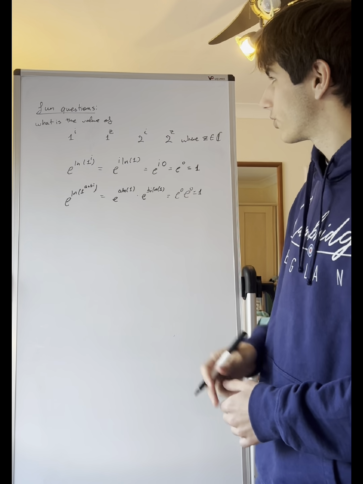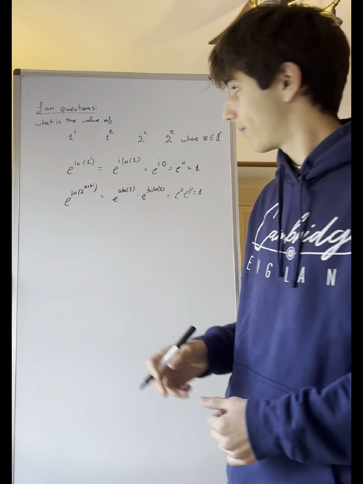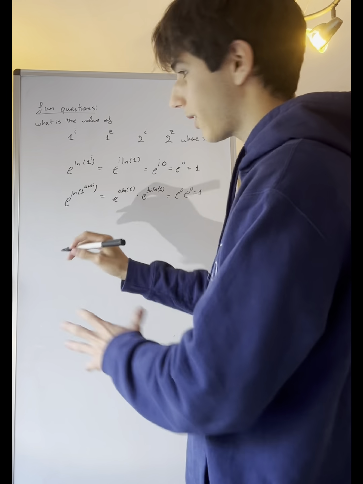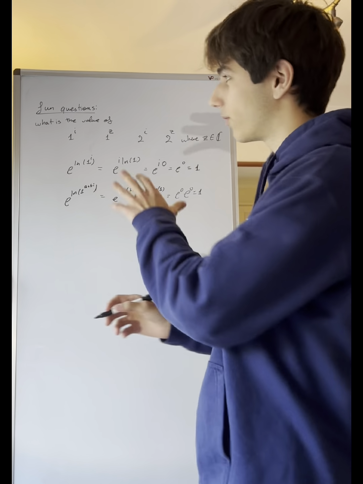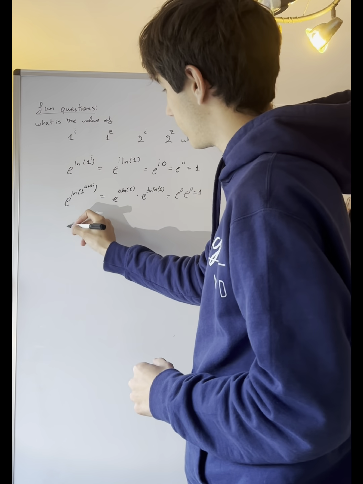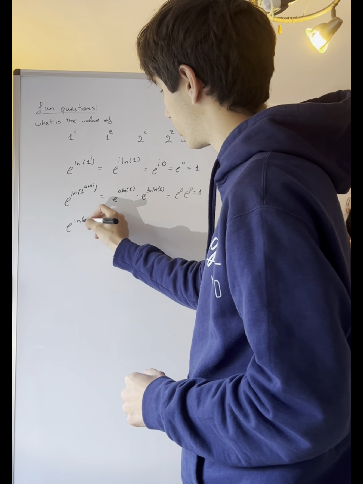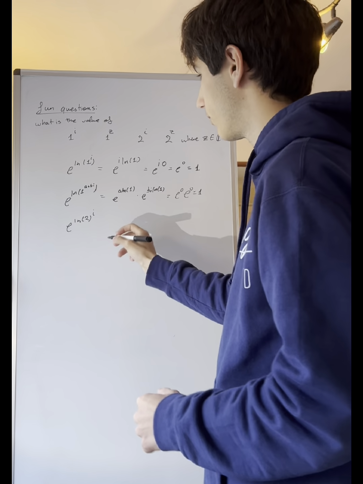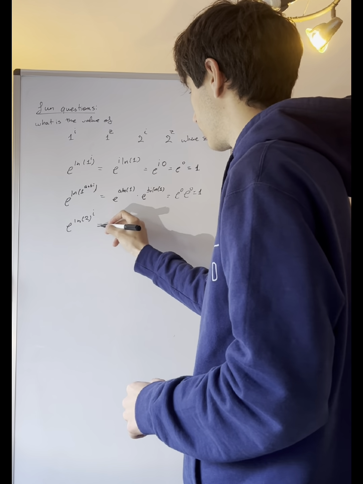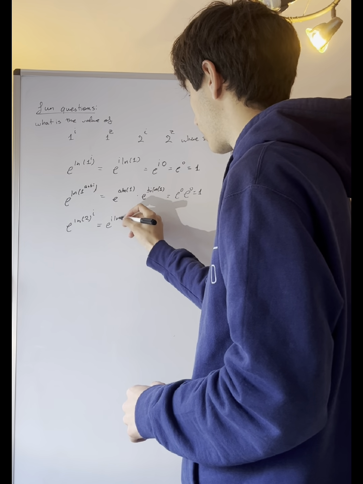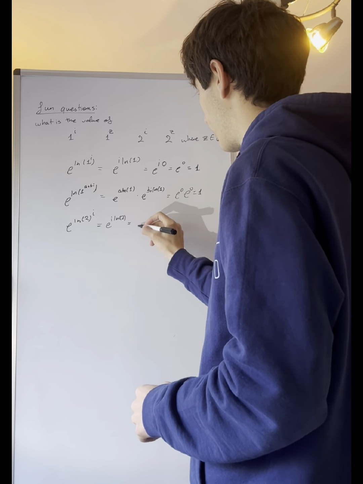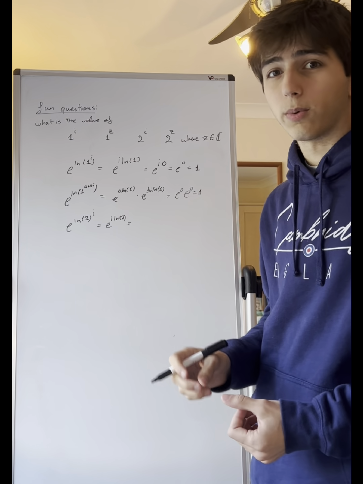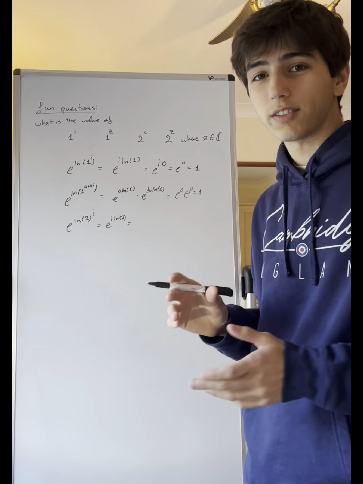Okay, so moving on to 2 raised to the imaginary number, we would use the same method. So the same method works for all of these examples. We would get e to the natural log of 2 to the i. We can move down that i to give us e to the i natural log of 2. And now we have to use our polar form because natural log of 2 is not 0.